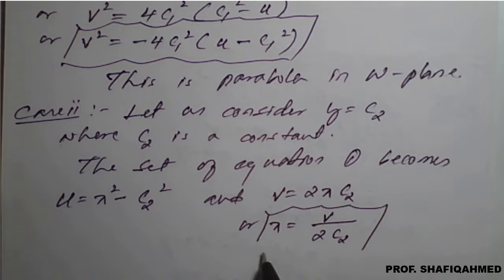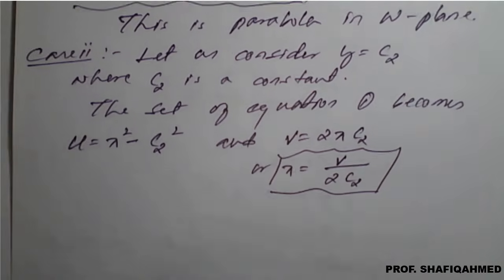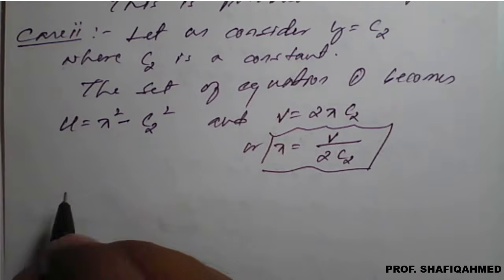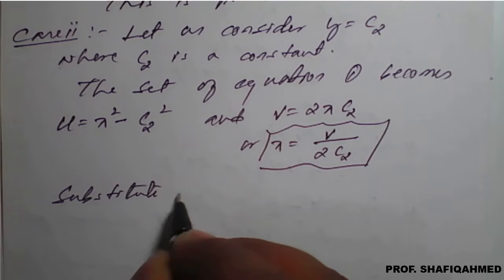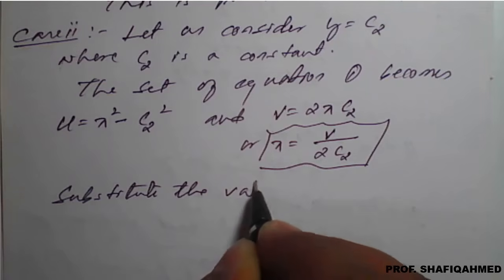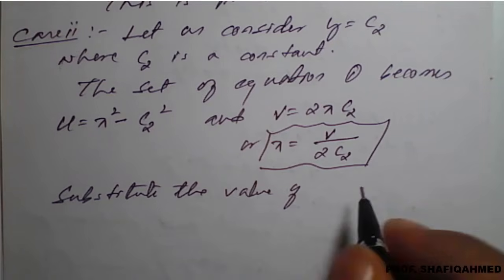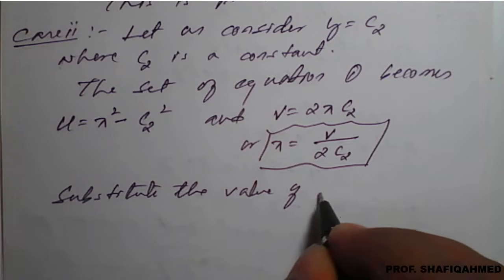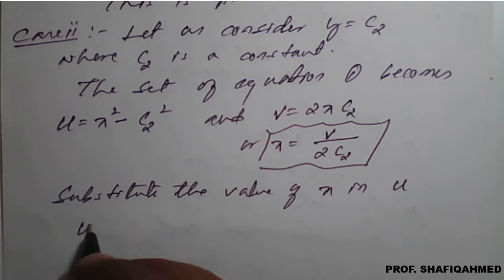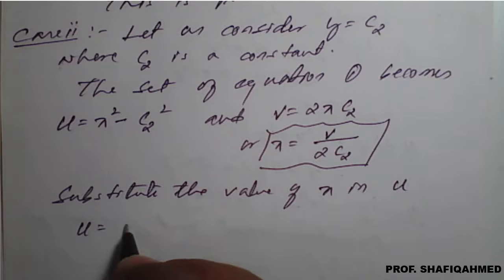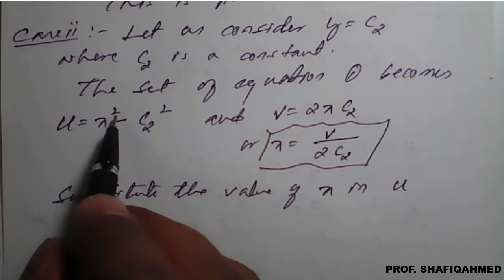So this value of x will apply in u. Substituting the value of x in u, we get u is equal to v square divided by 4 c2 square, minus c2 square, because it is x square.